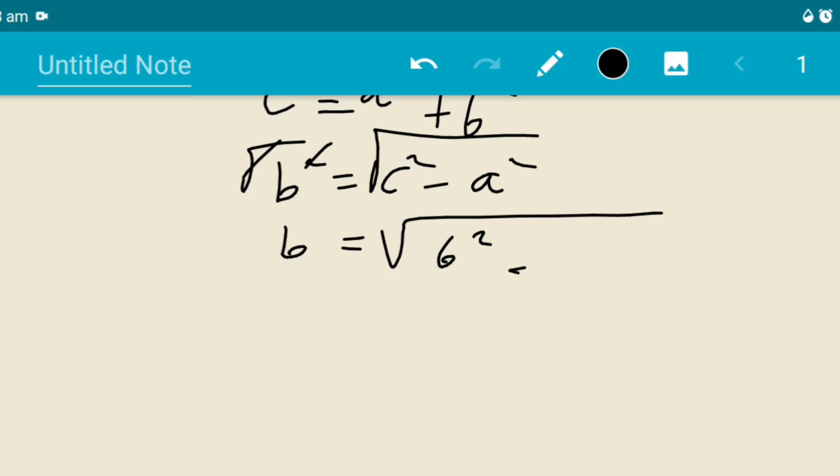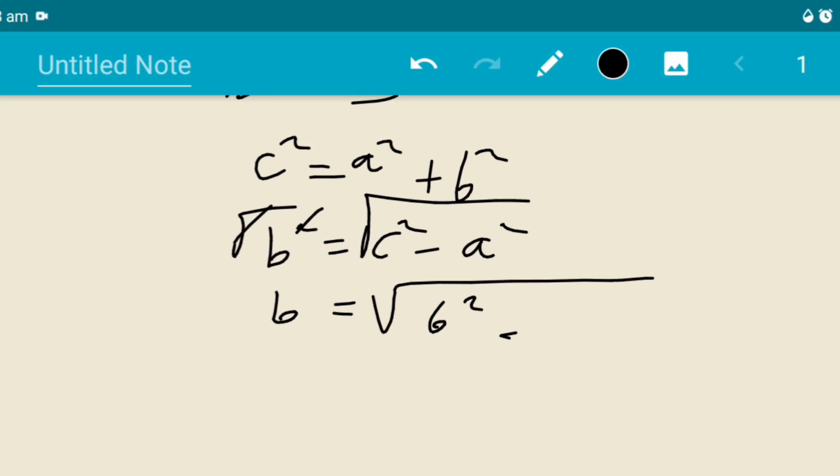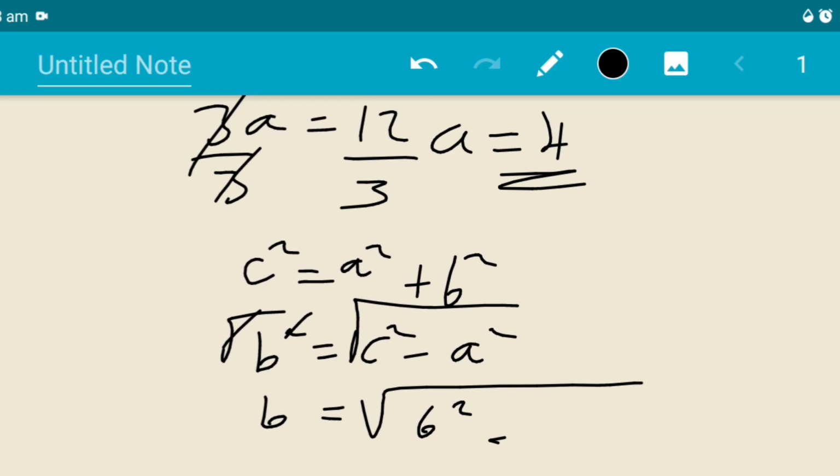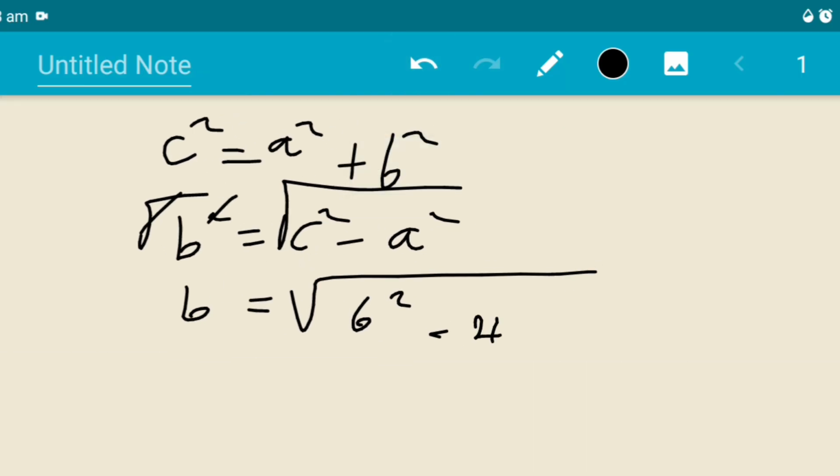Our a in this case is just this 4, which is what we found here, so 4 squared. Then b finally would be the square root of 20 when we simplify everything. So having found this, let us now substitute in our equation.